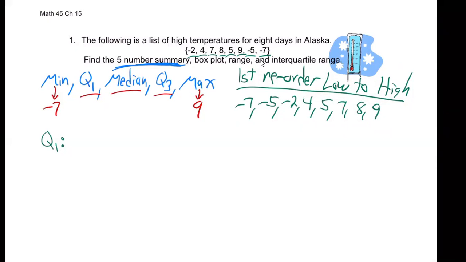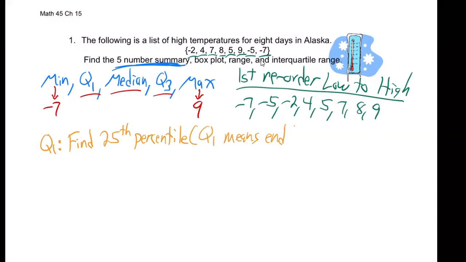How am I going to find Q1? You're going to divide 25 by 100 times 8. I've got to find the 25th percentile, don't I? That's what Q1 means. Q1 means the end of the first quarter.